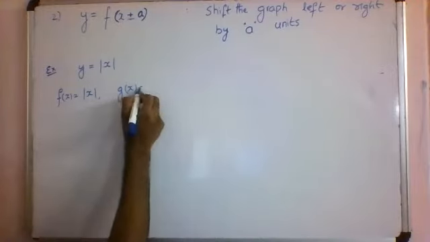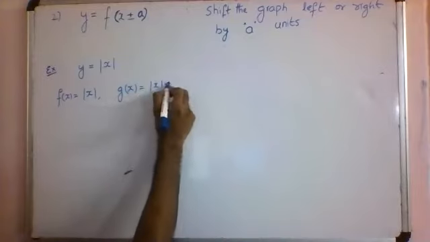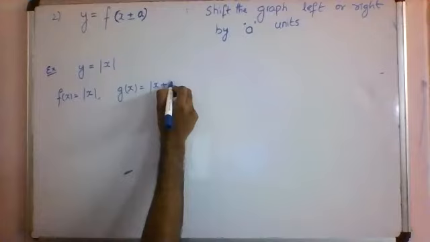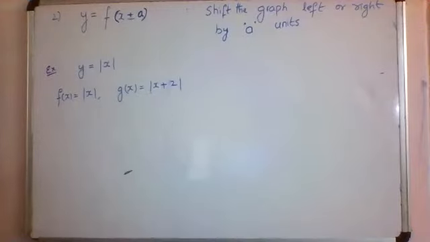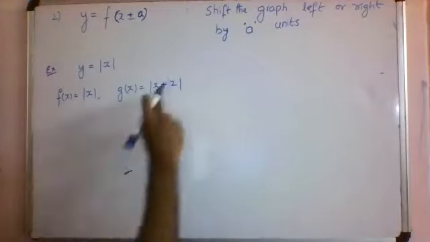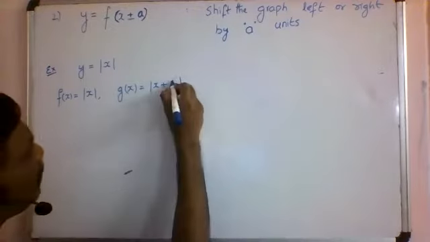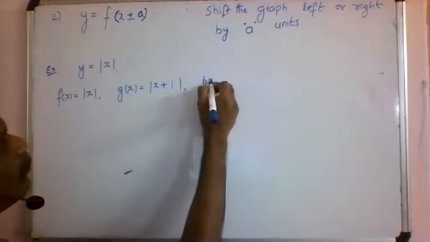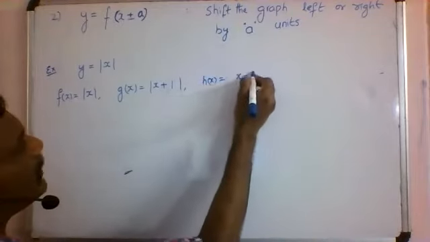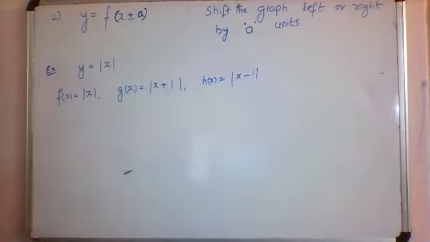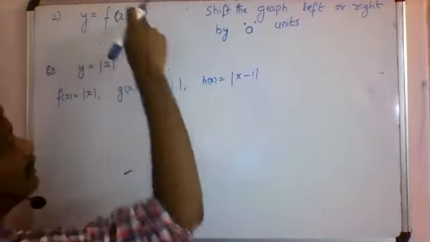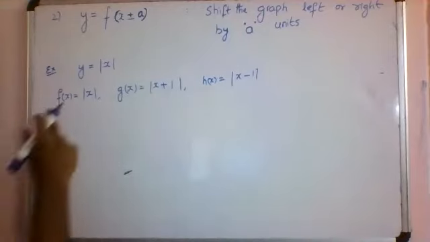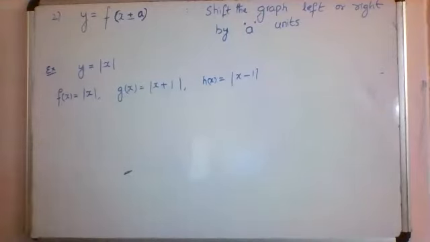From that we want mod x plus 1, and one more function, mod of x minus 1 also. Plus or minus 1? If I take a as 1, x plus 1. If I take a as minus 1, x minus 1. But the basic graph is f of x is mod x only.